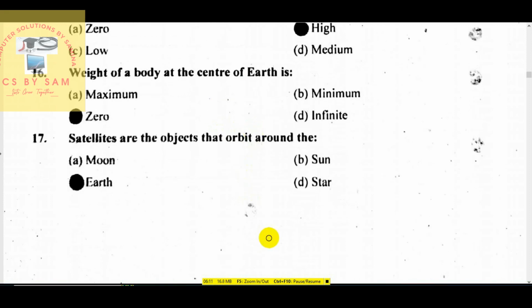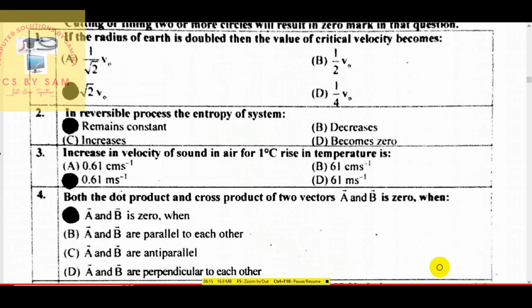Satellites are the objects that orbit around the earth. If the radius of earth is doubled, then the value of the critical velocity becomes under root 2 vo. In reversible process, the entropy of the system remains constant. Increase in the velocity of the sound in the air for 1 degree centigrade rise in temperature is 0.61 meter per second.